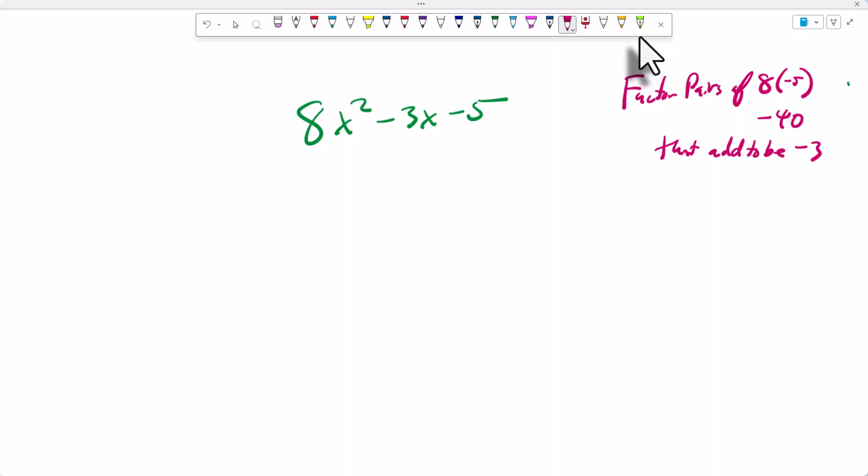And what's the pair that comes out to be? 5 and negative 8. Okay. That adds to be negative 3. And then finish it by factor by grouping.